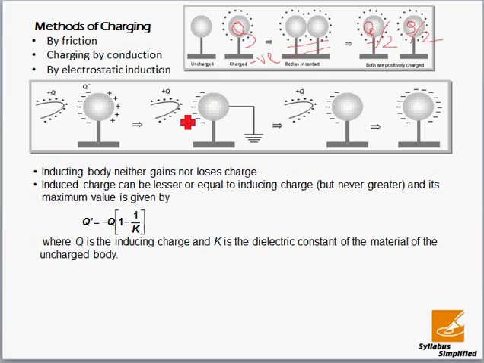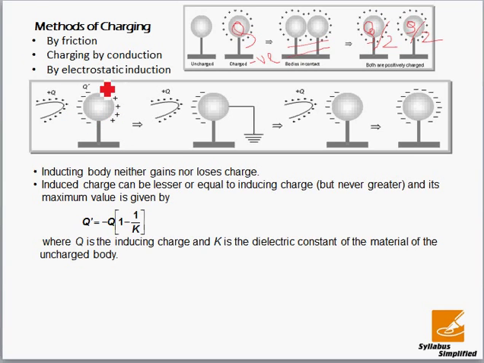This is how we charge a body by conduction. It means the electrons get conducted or moved from one body to the other body. Here also, as you can see, electrons moved from the uncharged body to the positively charged body, making the uncharged body half the charge the charged body had initially, and the charged body itself became less positively charged, that is, it became q by 2.